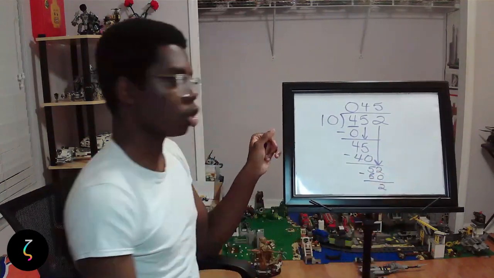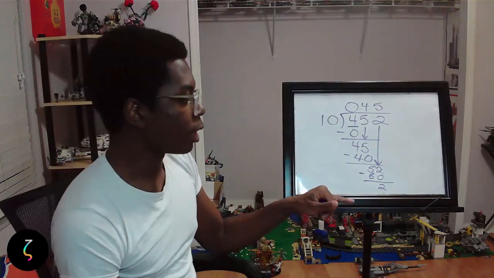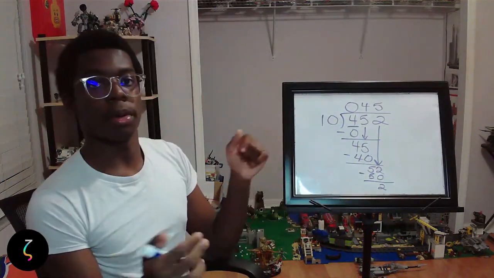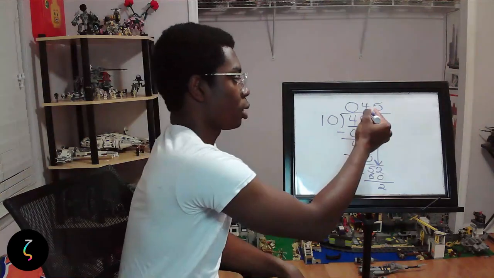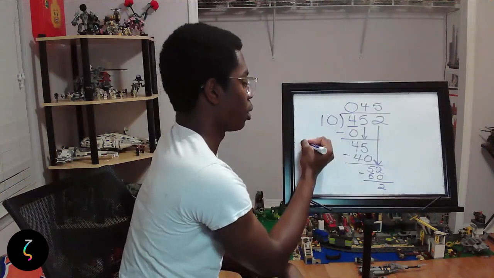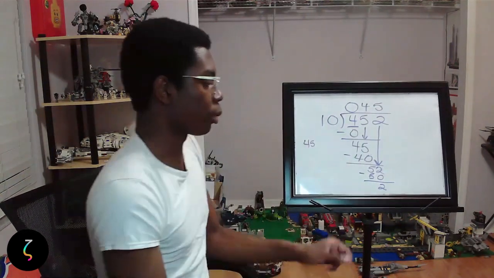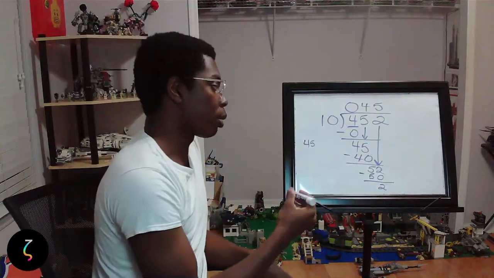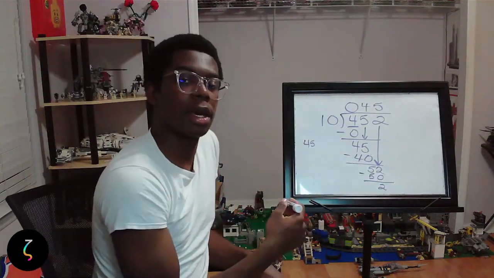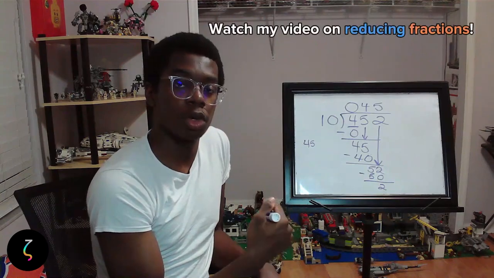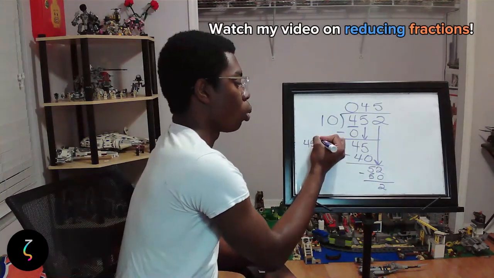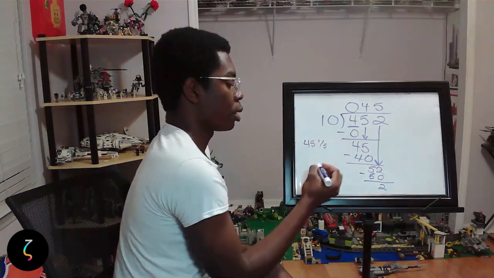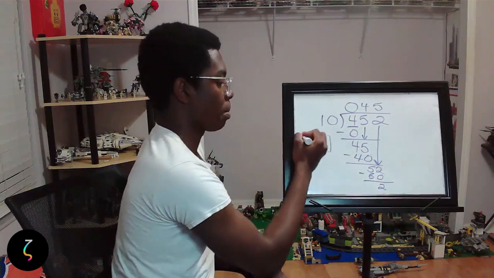And we get 2. And then now we're out of things to drop. So our answer is going to be 45 with a remainder of 2, and we can write that as 2 divided by 10. 2 divided by 10 reduces to 1 over 5. So this is our answer here.